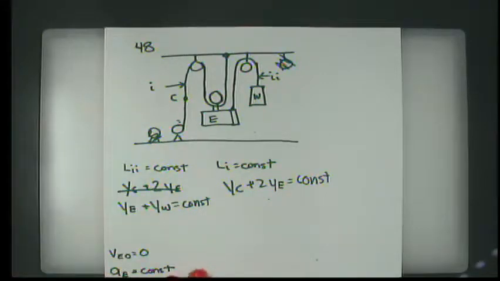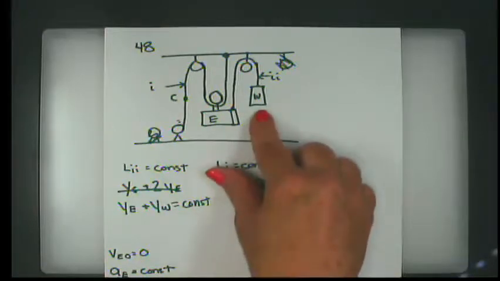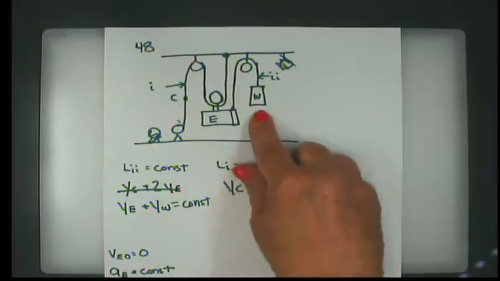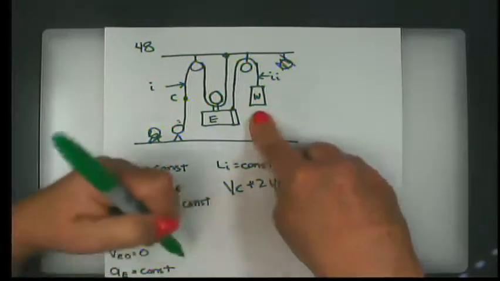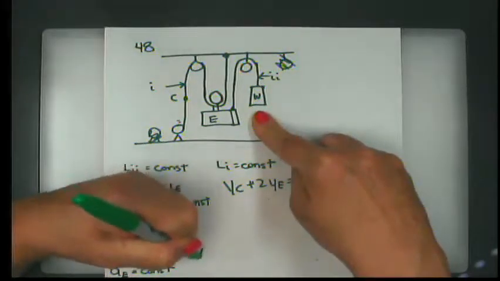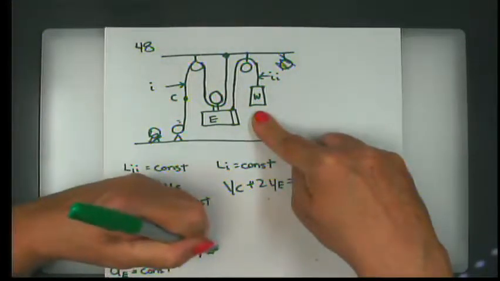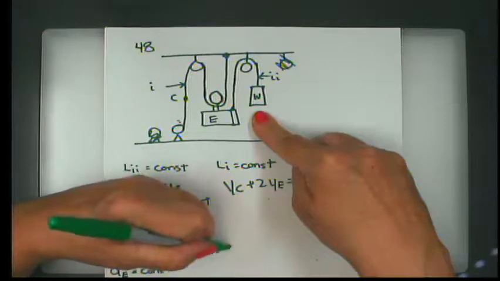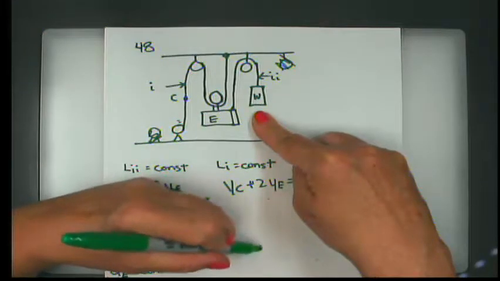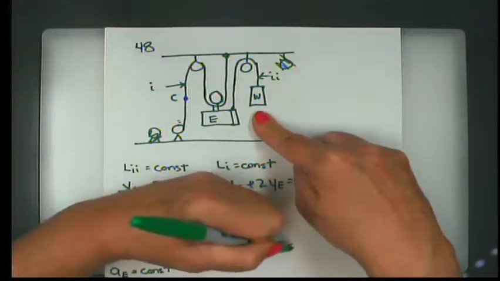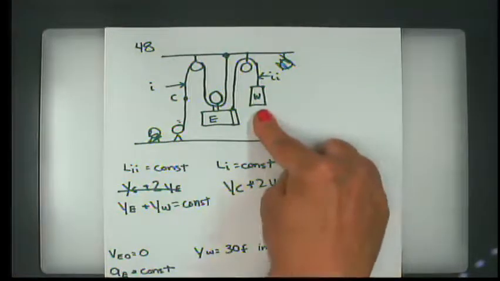These are all pieces of good news. If the counterweight W moves through 30 feet, so that means that y_W is equal to 30 feet in 5 seconds.